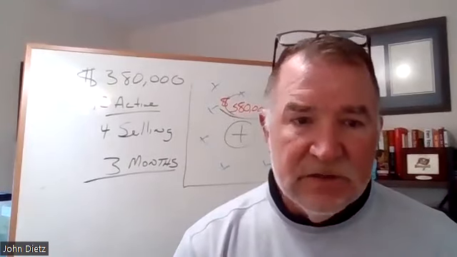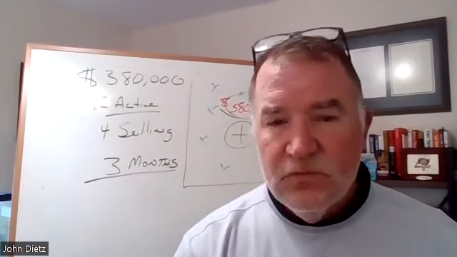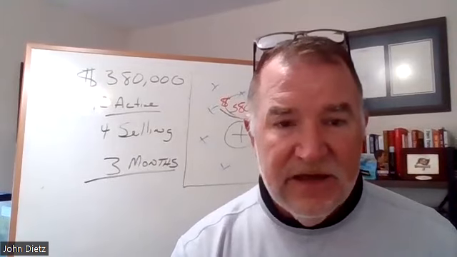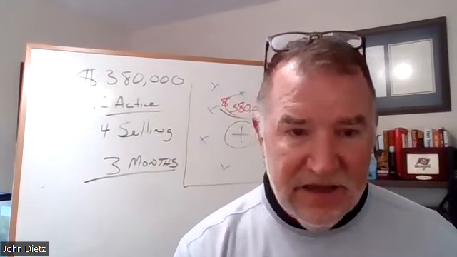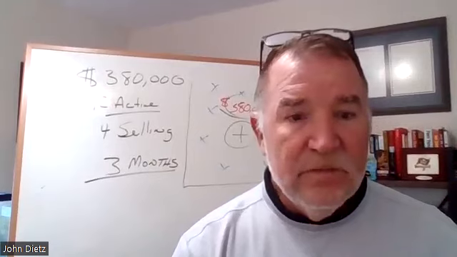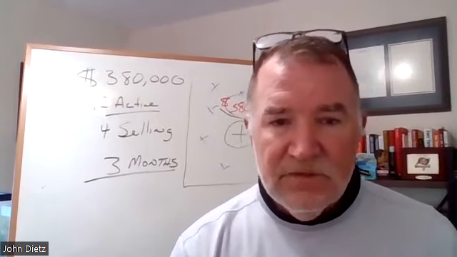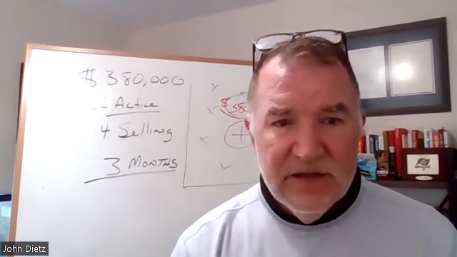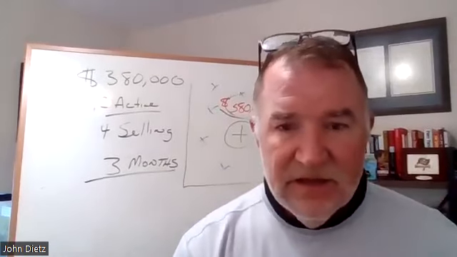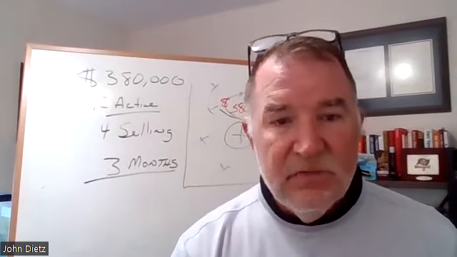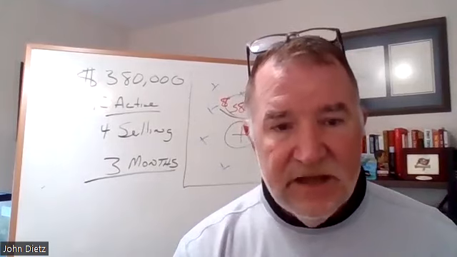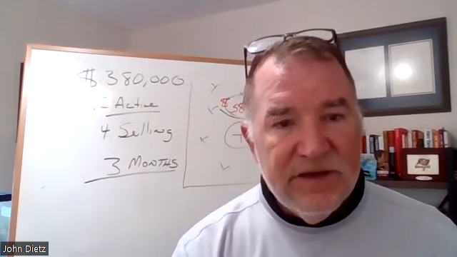Understanding how buyers work is critical to succeeding as a listing agent. If you have a home that's been on the market for 90 days, 120 days, you need to be asking yourself why. Why is this home not selling? Why don't we have a contract?